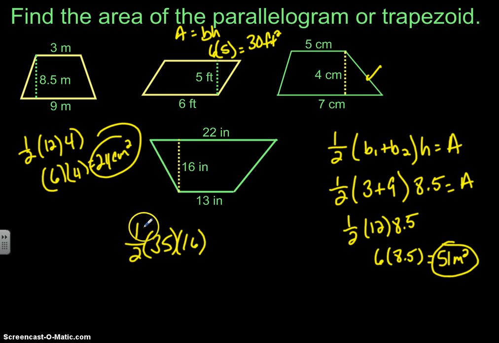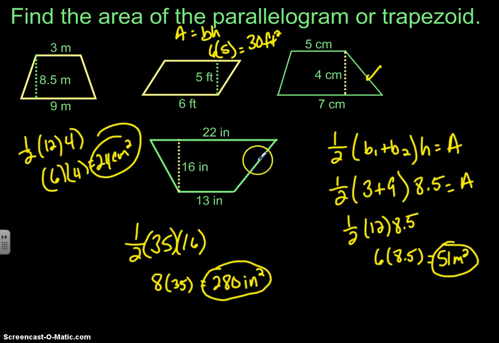Yes. Doesn't matter the order I do it in. Remember, the commutative property states we can change this order up. So 1/2 times 16 is 8. So 8 times 35 gives us 280. And it is inches squared, or square inches. That's how it's said.